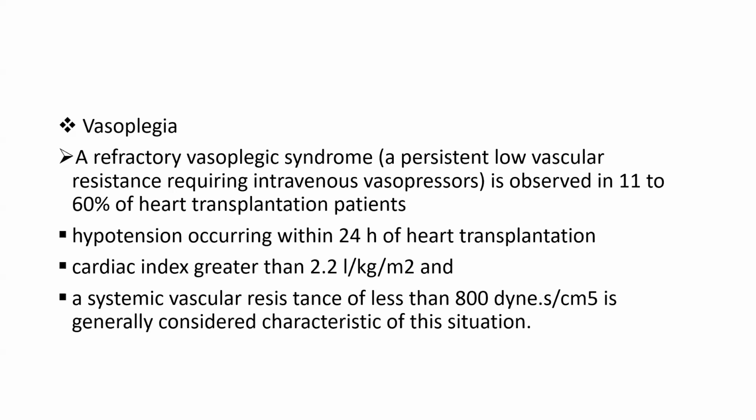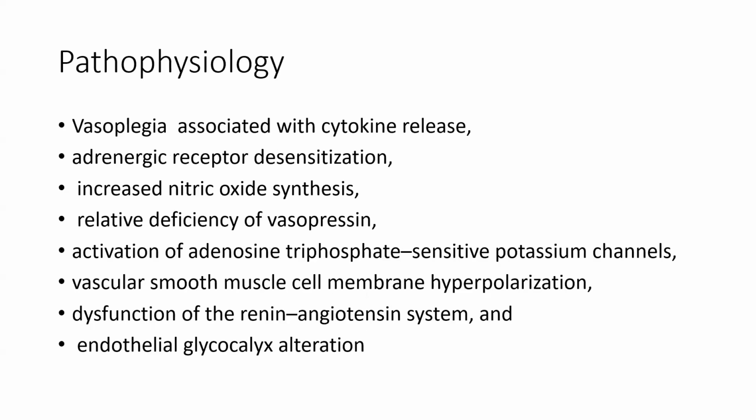So refractory vasoplegic syndrome, that is persistent low vascular resistance, is observed in 11 to 60% of heart transplant patients, with hypotension occurring within 24 hours of the heart transplantation, cardiac index greater than 2.2 and systemic vascular resistance less than 800. So what is the pathophysiology behind it?